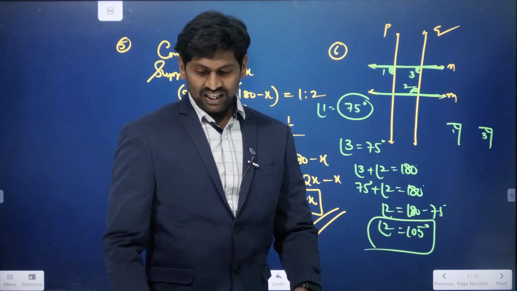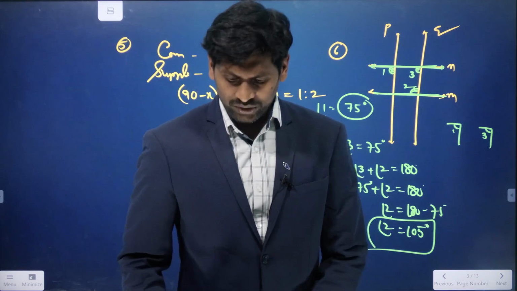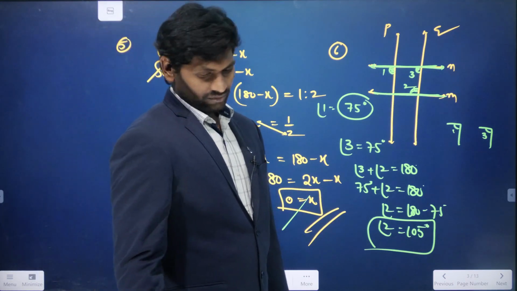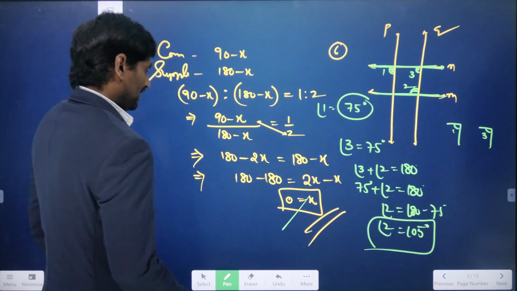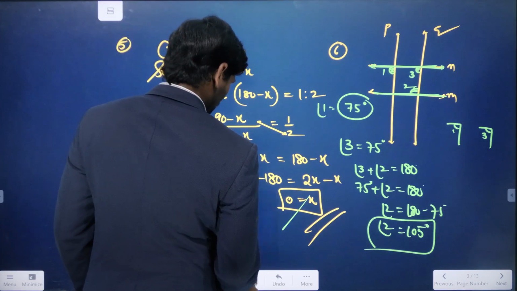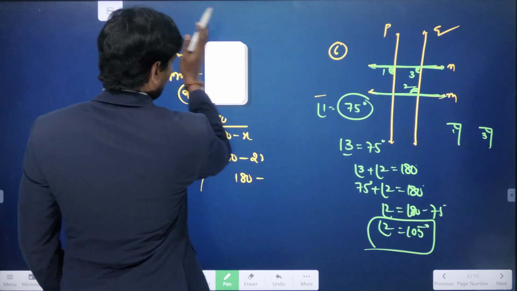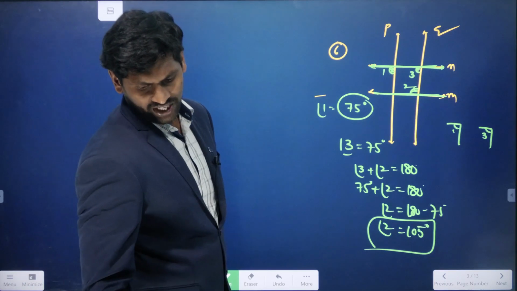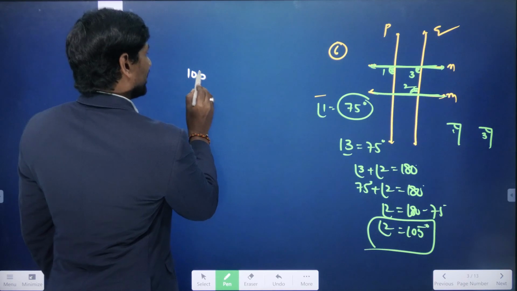But let us check the given options. The first option is angle 2 equals angle 1 plus 1/3 of the right angle. Let us go through the options. What is the first one? Angle 2 value is 105.